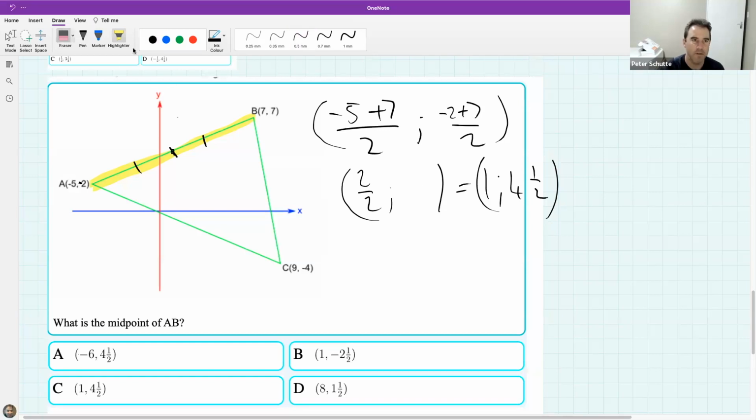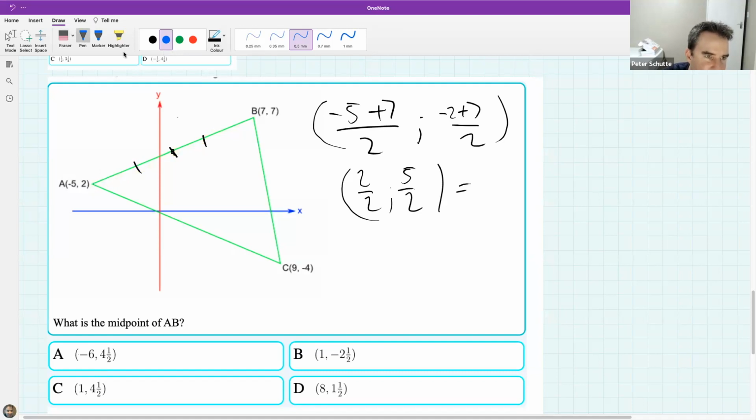Which is going to give me 5/2, which then gives me, oh, is this an error? This is a bit of a bad question, because if you look at this, oh, I made a mistake.